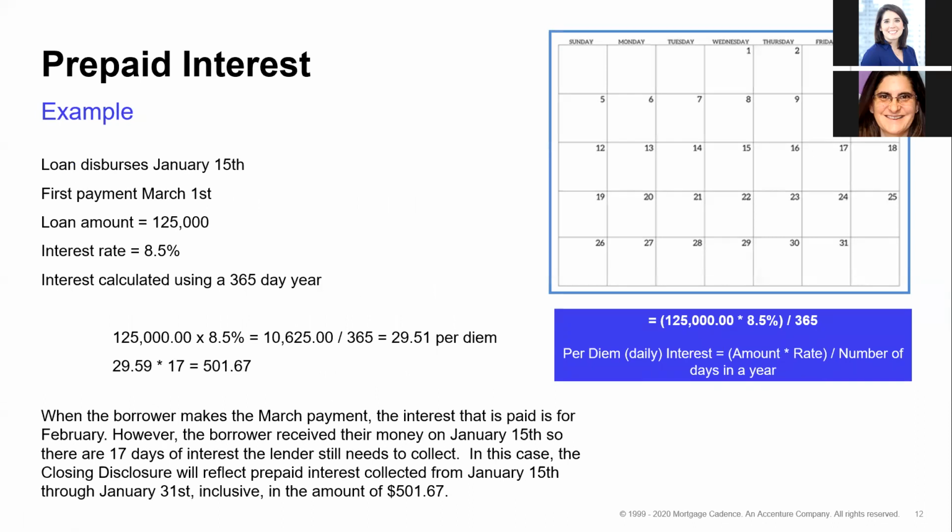And so if you closed a loan on January 15th, your March 1st payment is interest for February. Well, what happened to the days between January 15th and January 31st? Those are the odd days we're talking about, and those need to be collected at closing. Okay, that's where we get the odd days from.